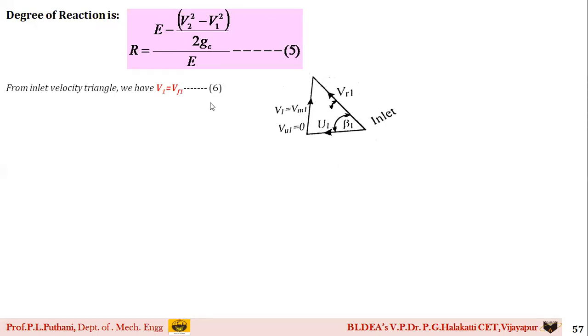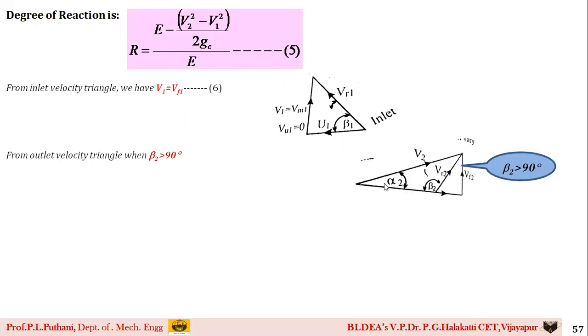Now, from the inlet velocity triangle, as I said, V1 is equal to Vf1. Therefore, for the outlet velocity triangle, we begin with the first condition, that is beta 2 greater than 90 degrees. Please observe carefully, this is the triangle we are going to consider for our analysis when beta 2 is greater than 90 degrees.